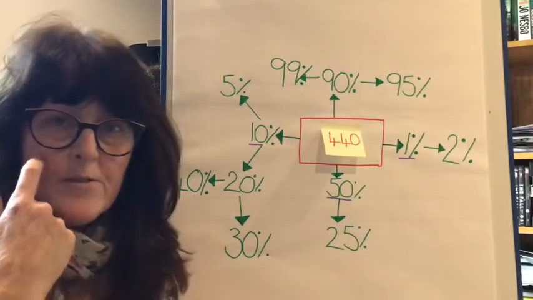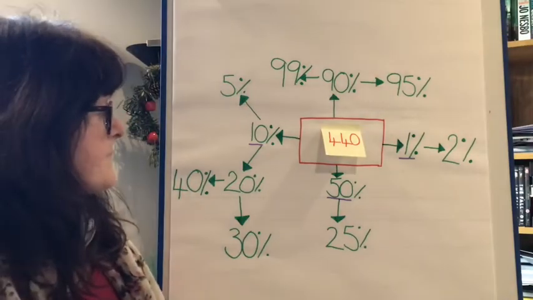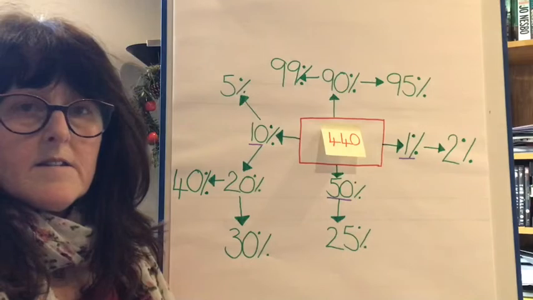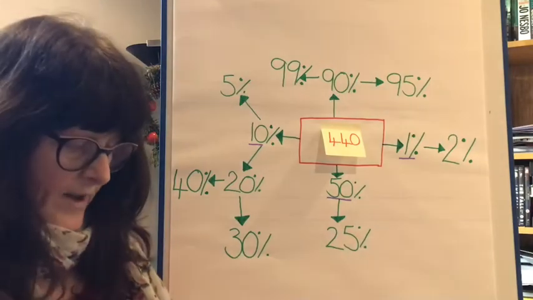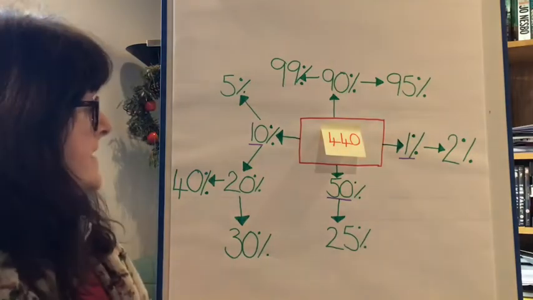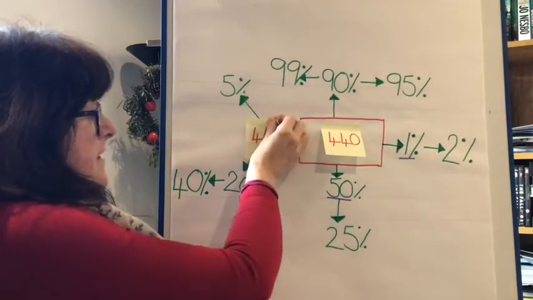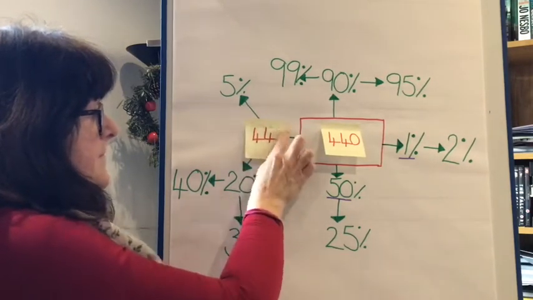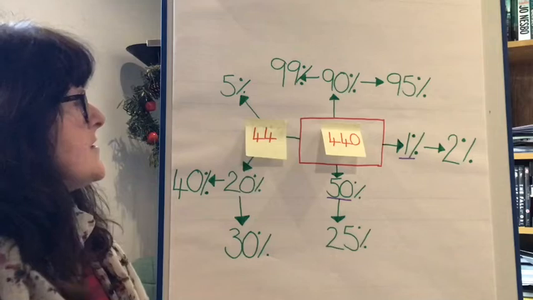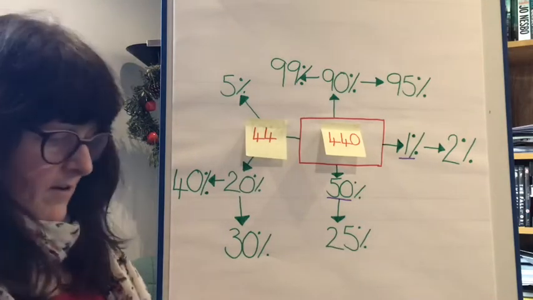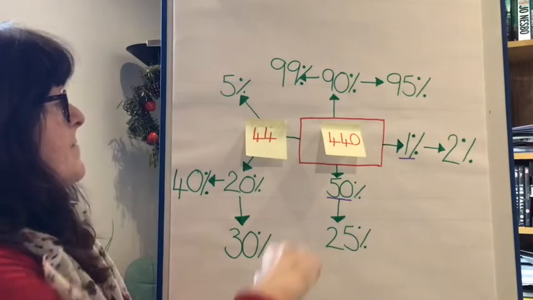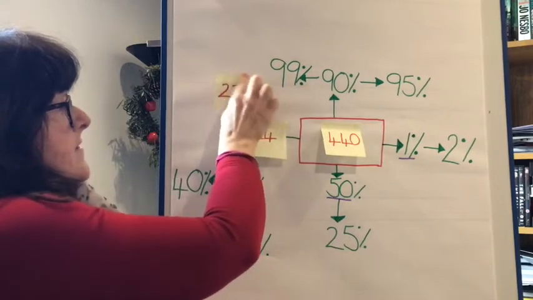Let's see how you did. Now, I always start with 10%. You can work out a lot if you know 10%. 10% divided by 10 would be 44. From that, I can find out 5% because it's half of 10%. That would be 22.